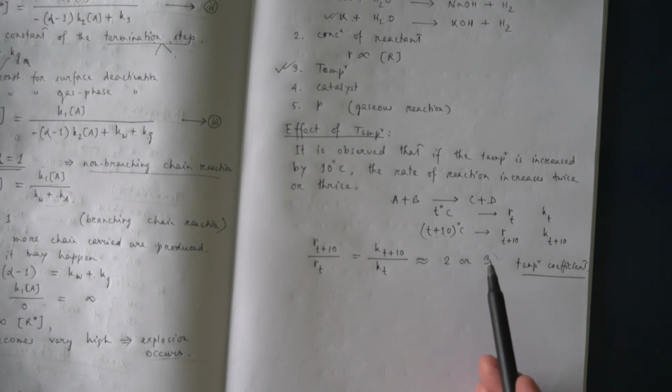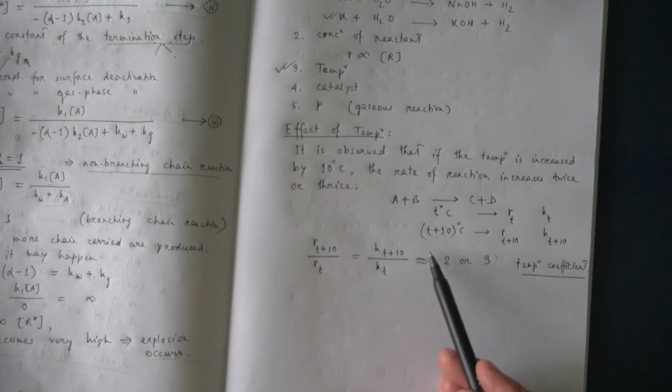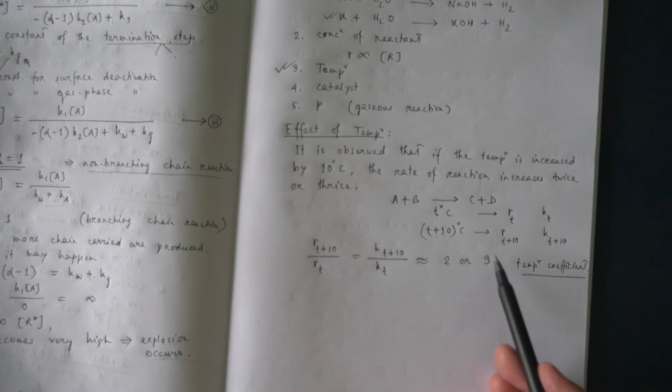Again, if we increase the temperature by say 5 degrees Celsius, not 10 degrees, or say 15 degrees Celsius, what will happen? So we don't get an answer from this.